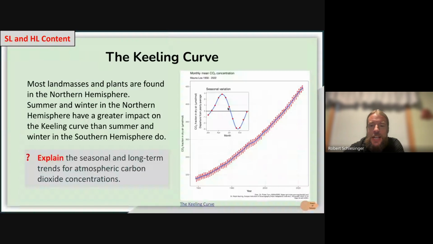So Guyun, we were just talking about the 2 things that you'd be asked about this Keeling curve. The number 1 thing is that carbon dioxide is increasing in the atmosphere over the last 60 years. That's not a question at all, right? But then they'll ask you a follow-up question: what's happening seasonally?